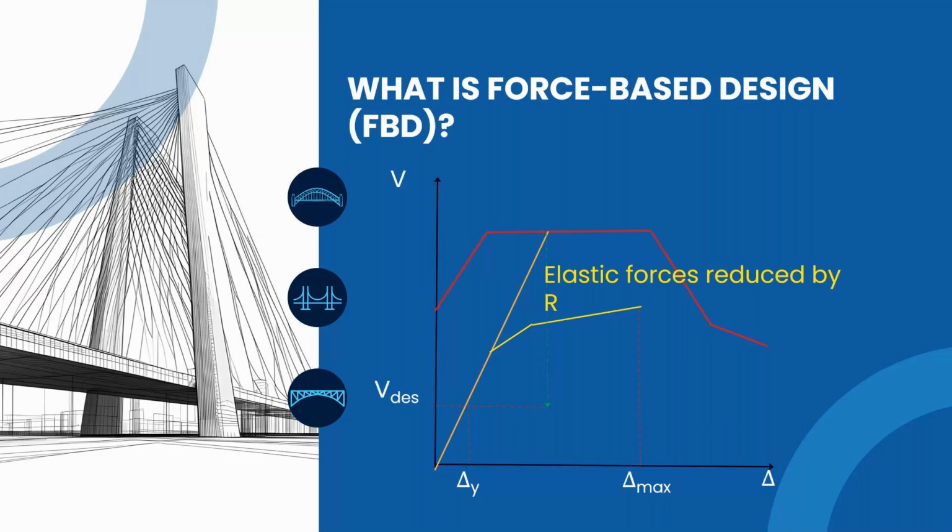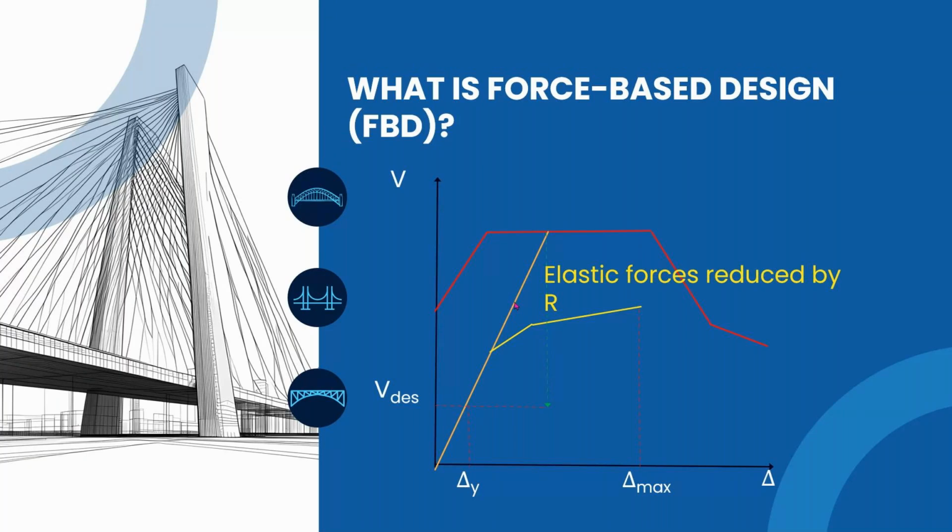If you look at this graph on your screen right now, the red curve indicates the demand under a particular seismic event. The orange curve is the capacity of your structure.